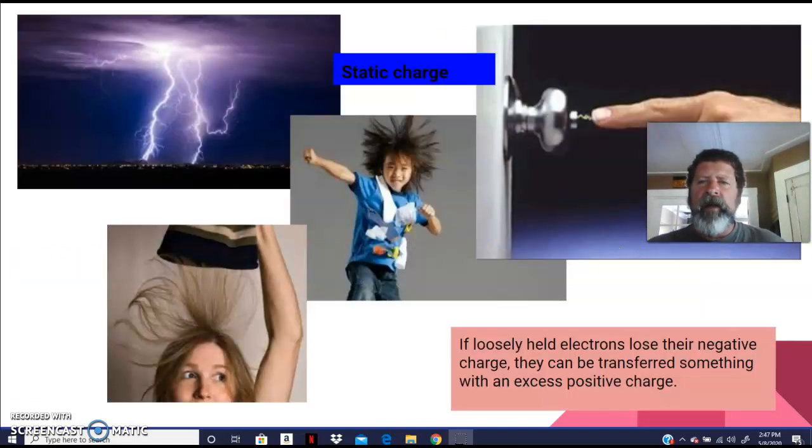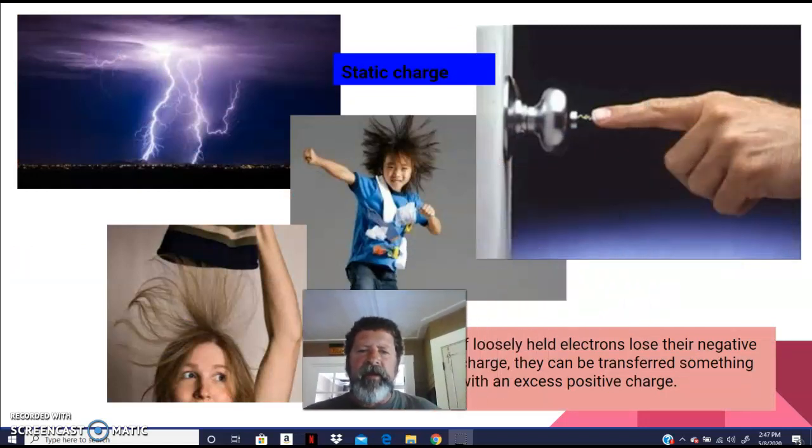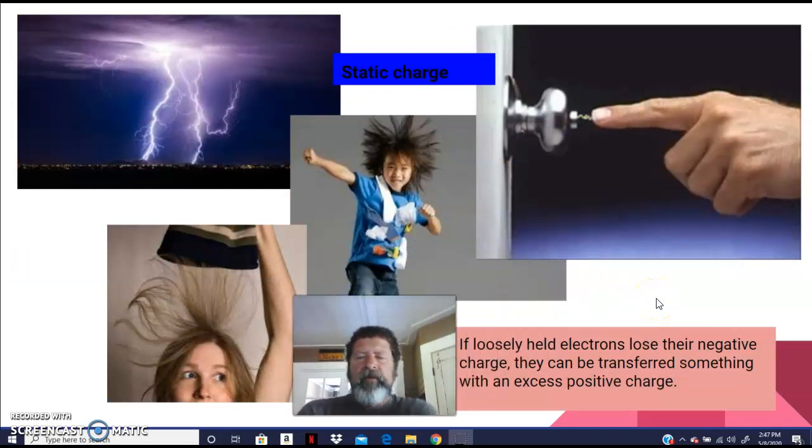So we're going to start with the most simple, basic way that we've known electricity has existed for eons, which is that we experience it all the time when we touch things and when we look up in the sky, depending on where we live. Static electricity is when you pick up loose electrons and become negatively charged, and then you emit those electrons into something.